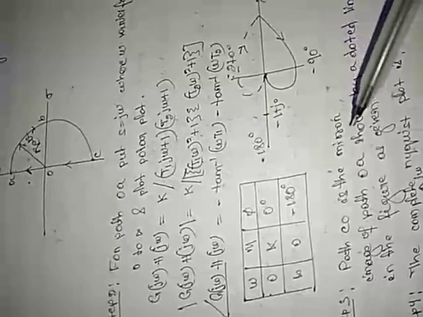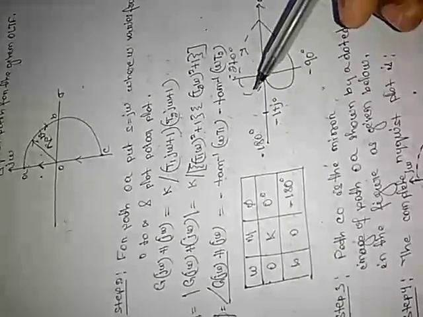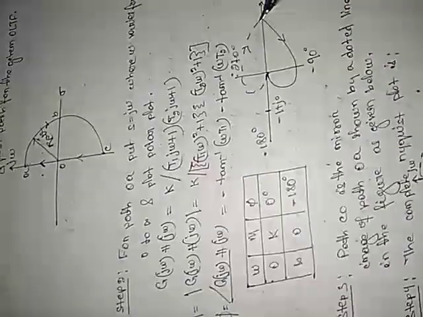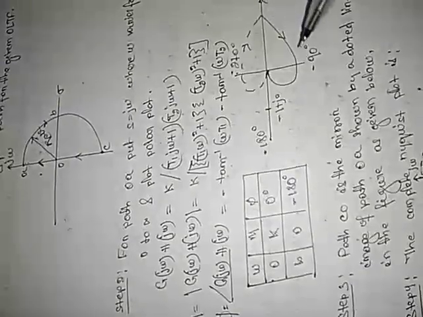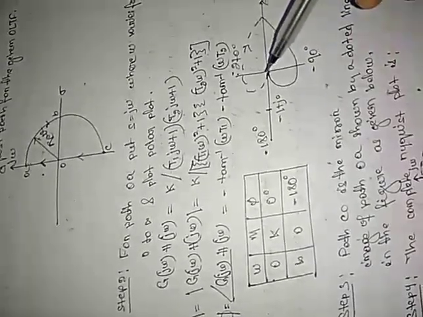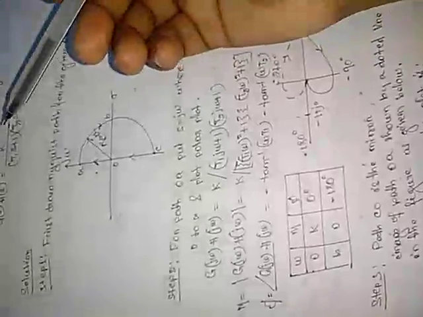Now after writing this comment, you just complete this path for CO. You draw this path as a mirror image of this path. Then this is the complete Nyquist plot for the given transfer function.